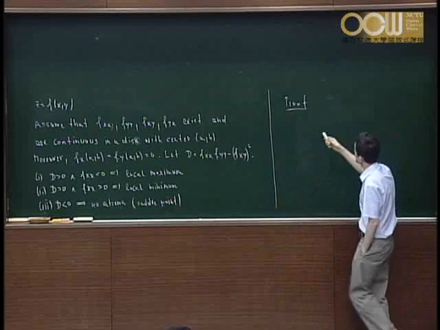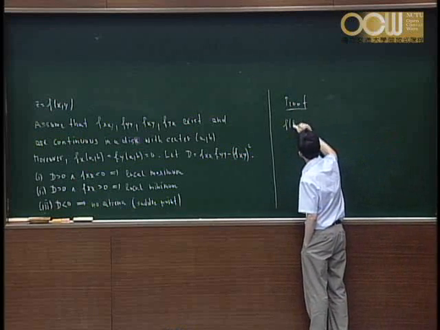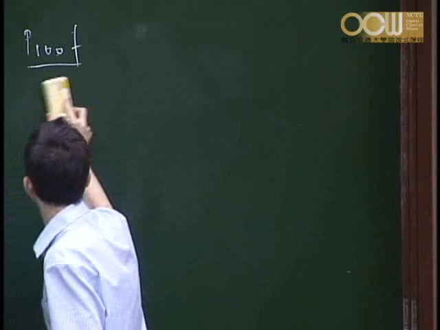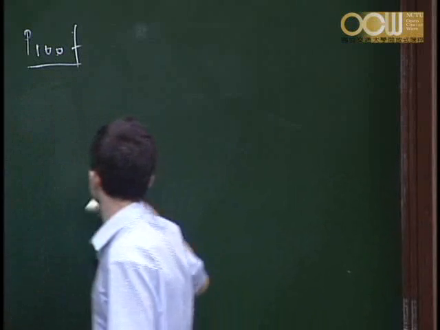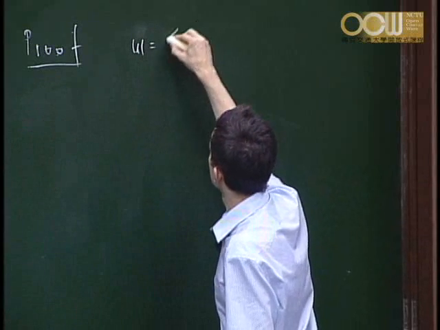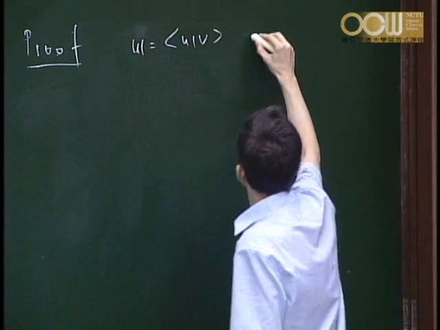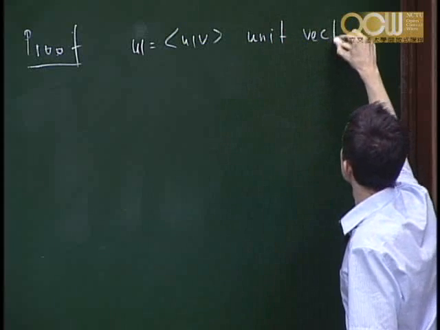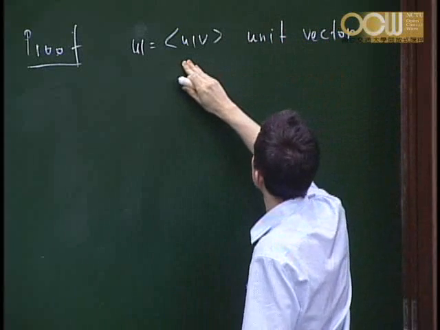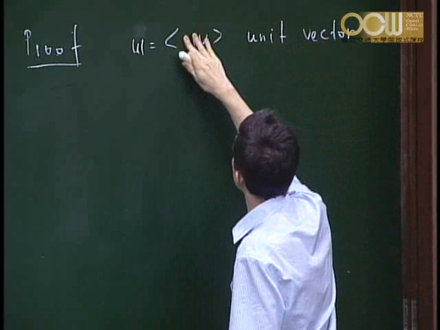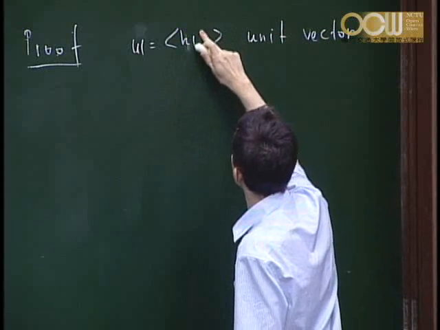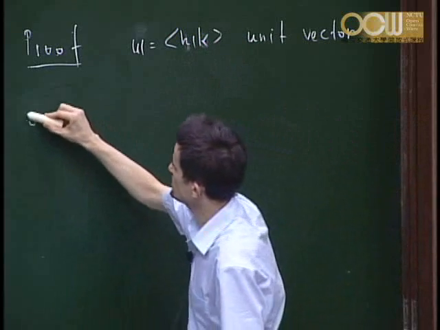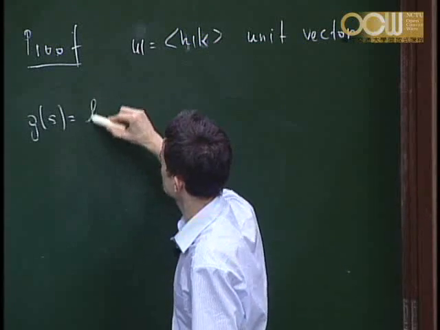what we do is, we look, for instance, at the following function. Maybe f is not a good name. So we fix a unit vector, u equal to (h, k). Now look at the function g of s, which is f of a plus sh, b plus sk.